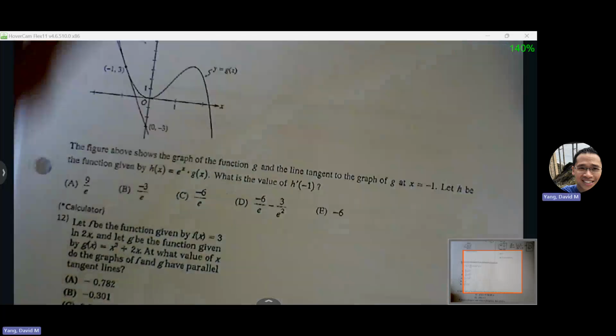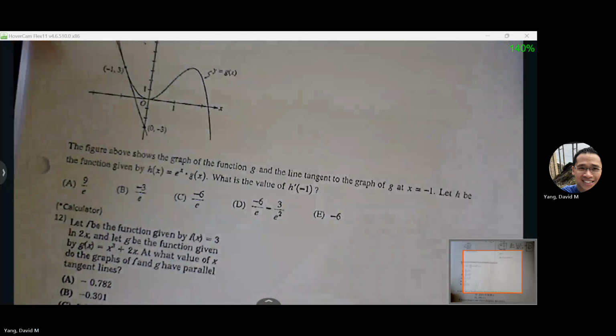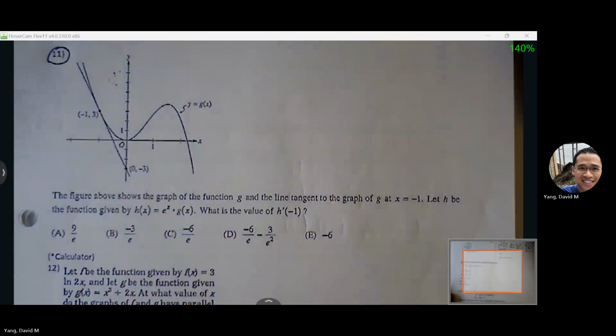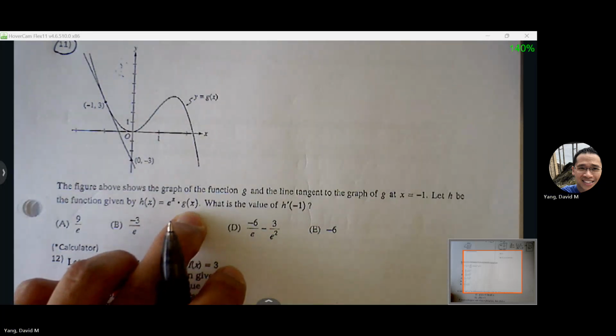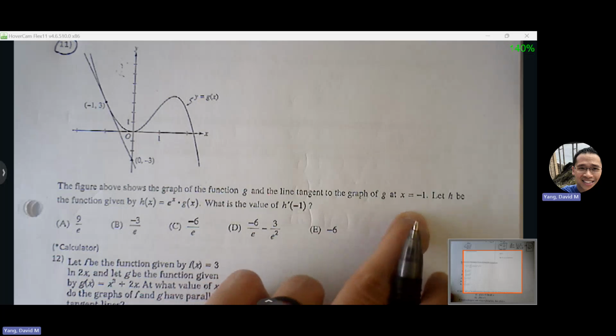Page 3, let's go to number 11. Okay, so number 11, the figure shows the graph of function g and the line tangent to the graph at x equals -1.